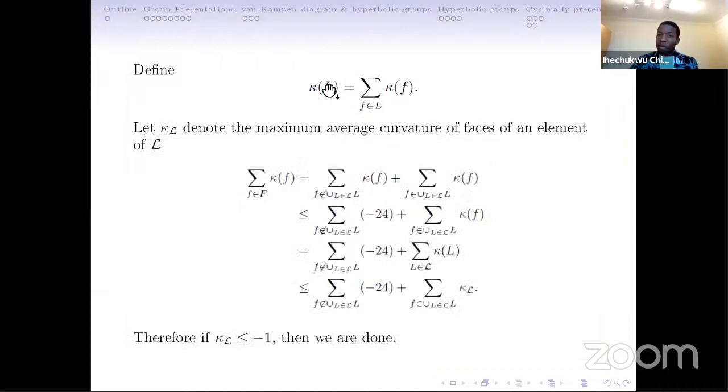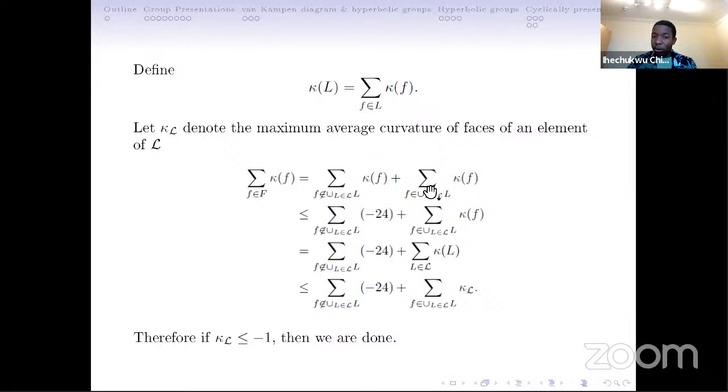Now, if you define the curvature of L, so L is in here, the curvature of L to be the sum of curvatures of faces in L, then you can do this calculation. So if F is a face in your Van Kampen diagram, then it's either a face in one of the elements in your L or not.